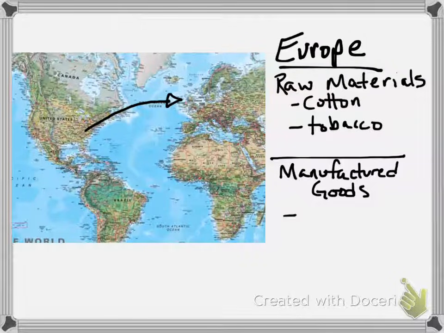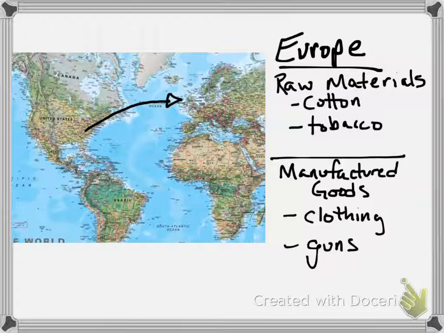Some of the manufactured goods they were making from the raw materials, like clothing being made from cotton, but then they also had things like guns, things made out of iron. And they did sell some of that back to the Americas, but a good portion of that went to Africa.